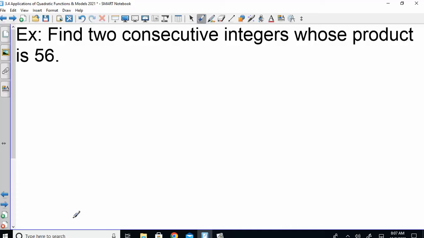I want you to use algebra to find them, kind of using these things. So we just know we have two random numbers. So if x is my first number, if they are consecutive, what would the second number be?